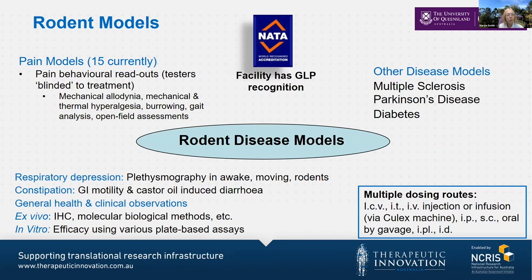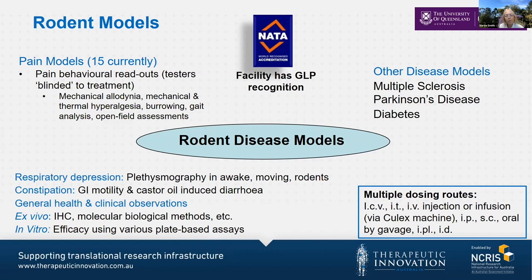Apart from these rodent disease models, we also have the capabilities to assess respiratory alterations such as respiratory depression, constipation, the effects of the drugs on general health and various clinical observations, collecting tissues for ex vivo investigations, and also capabilities to do in vitro efficacy assessment using various plate-based assays.